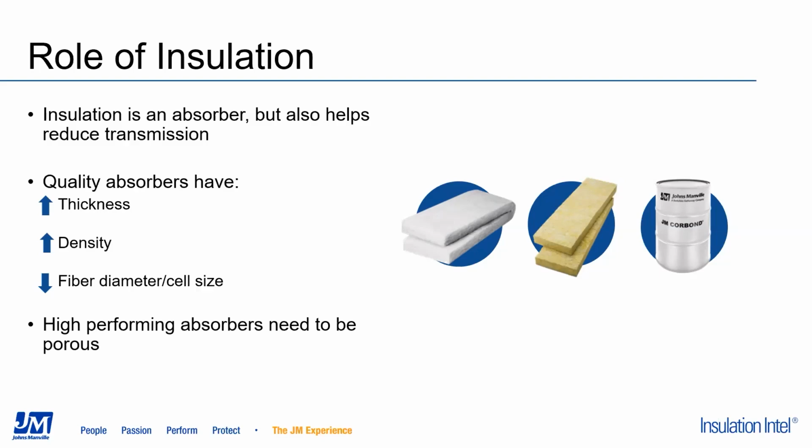And overall, a good sound absorber material should be porous. That goes back to the point Chris made earlier: you're not going to get as good sound absorption performance from something like a closed cell spray foam or a polyiso product.